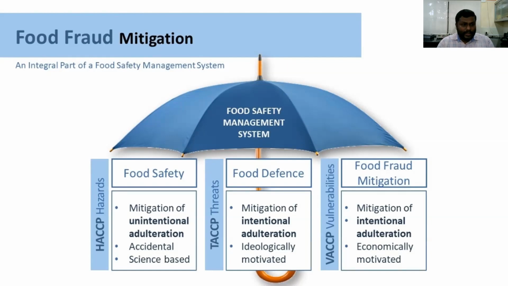If you see food fraud globally, to mitigate it we have three different approaches. First, there is a chance of unintentional adulteration. For example, there was an issue from Malaysia, where traces of pork DNA were detected in some meat products.